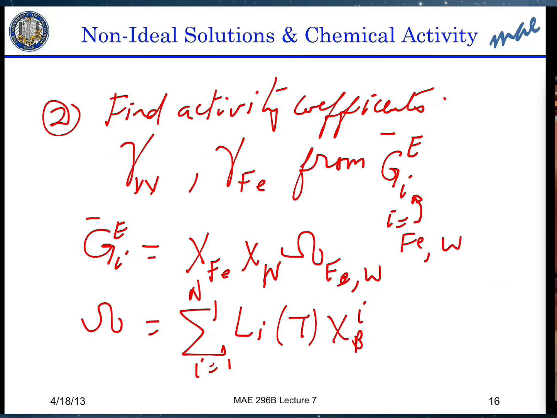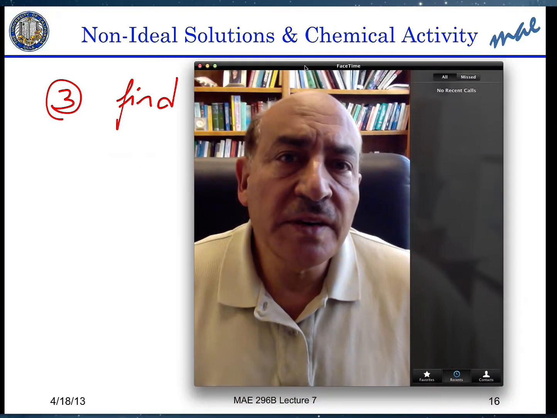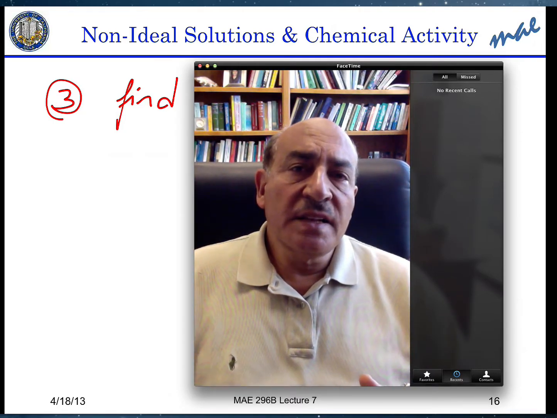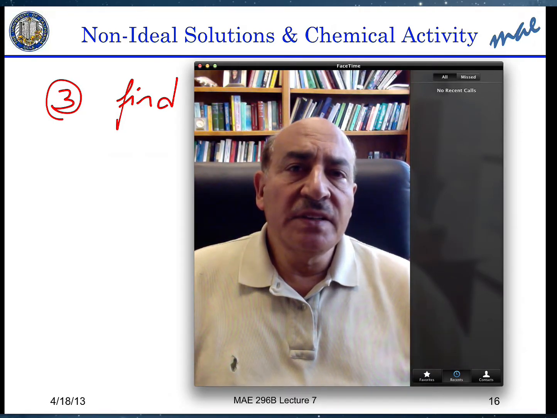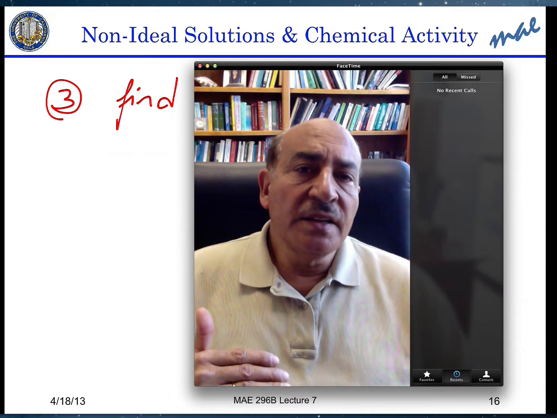The next step after obtaining the activity coefficients is step 3. If I'm studying the equilibrium between the liquid state and the solid state, then I have to find the activity coefficients in the solid state and the activity coefficient in the liquid state.